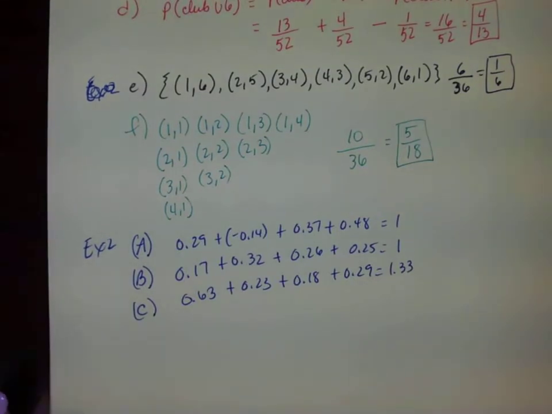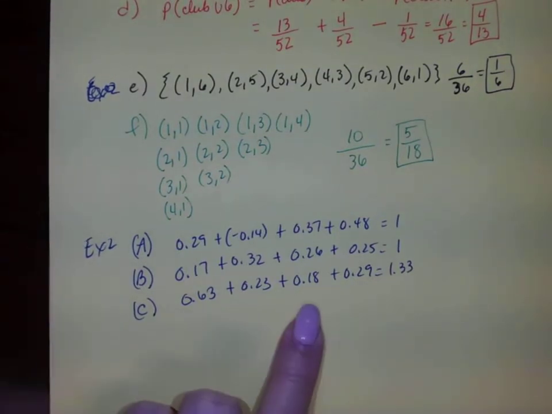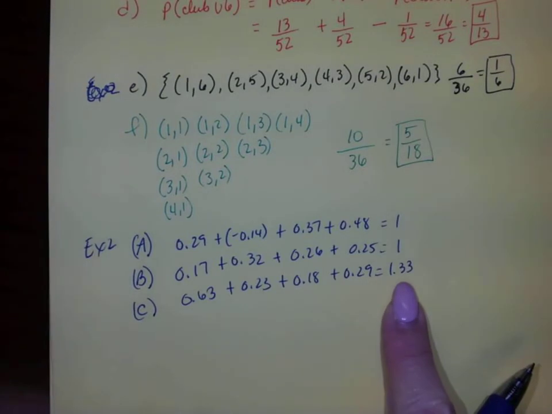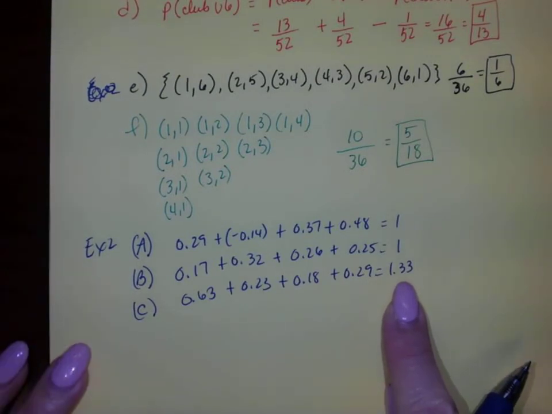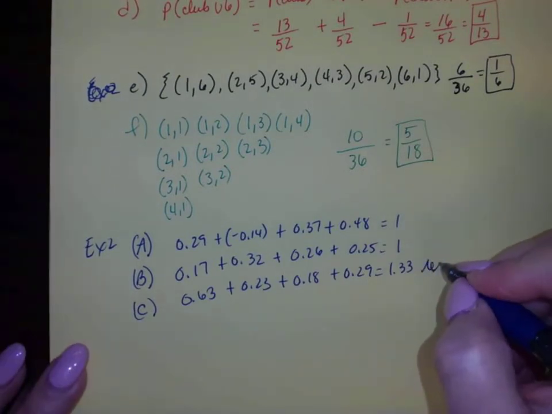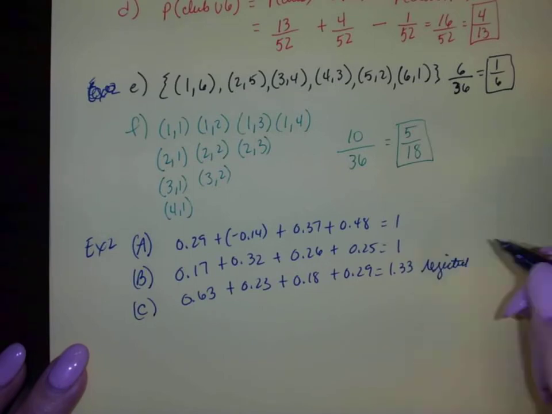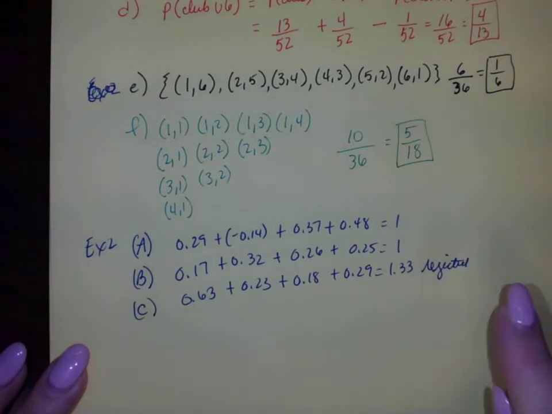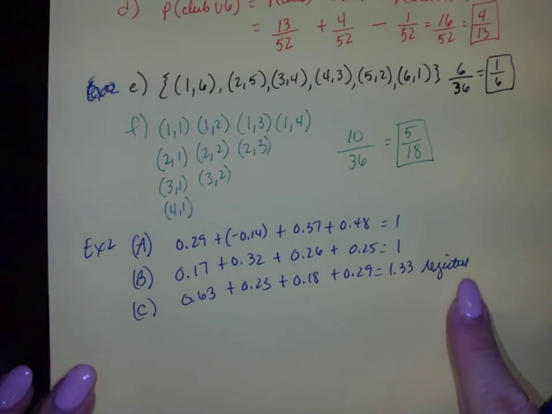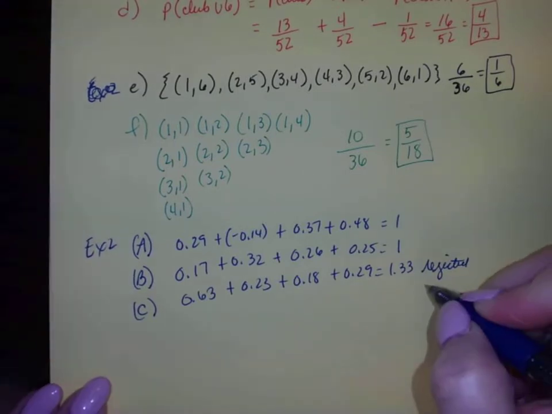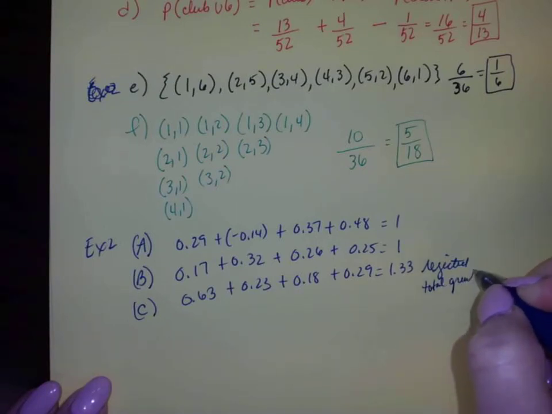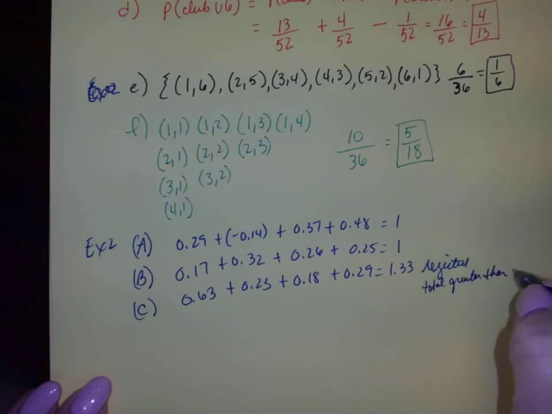Now I just reminded you that all of our probabilities would add up to be 1. Well, this one is greater than 1, so this one's automatically rejected because the total is greater than 1.